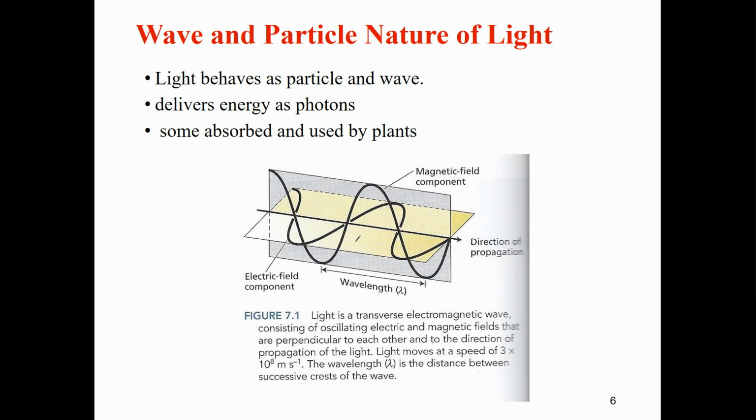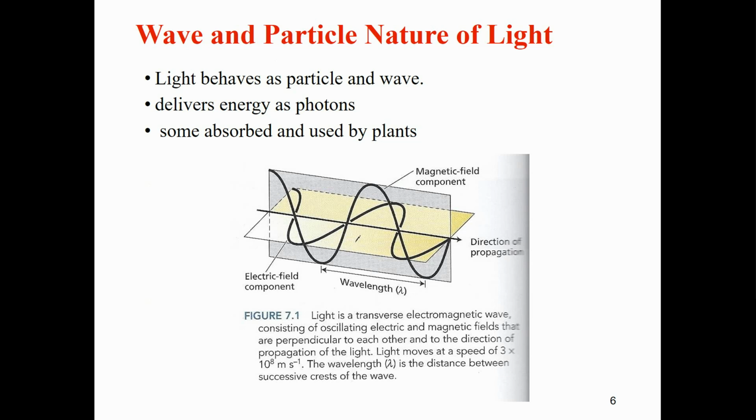But ultimately, we're going to look more at it as being a wave. But don't forget, particle and a wave, we're going to concentrate mainly on the wave part of light.